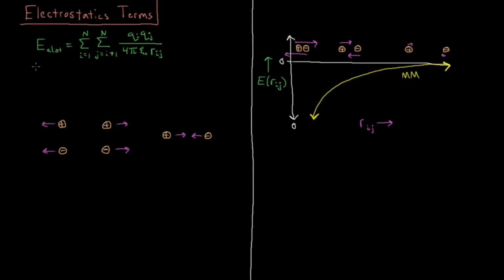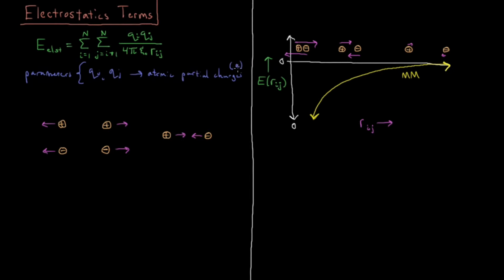Let's go over the parameters and variables here. Our parameters in this case are Qi and Qj, which are our atomic partial charges, typically specified in units of electrons.